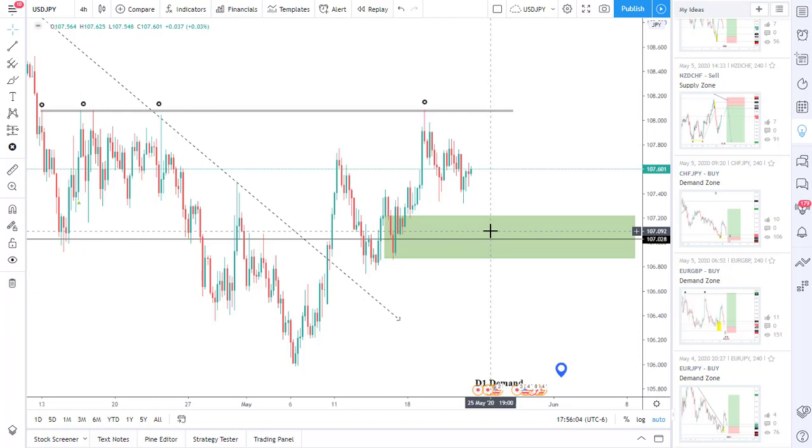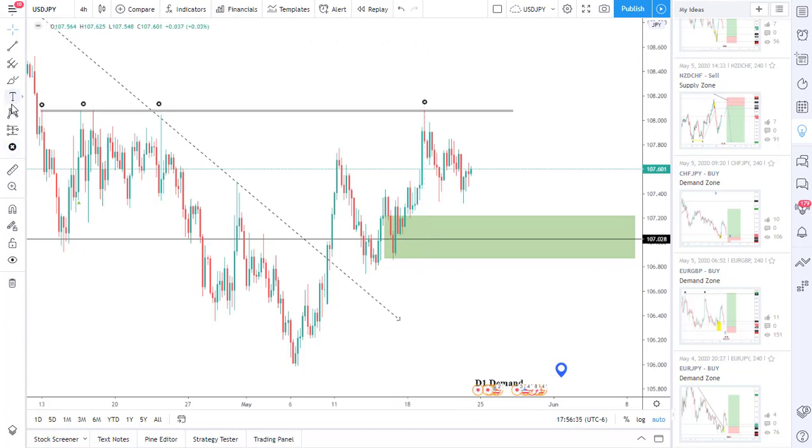Now we already had our confirmation in Aussie yen, and here we still don't have confirmation. So if we take our Aussie yen trade, let's say that we are in profit and we are profiting from that trade. Probably Aussie yen will let us know if dollar yen is going to work or not.